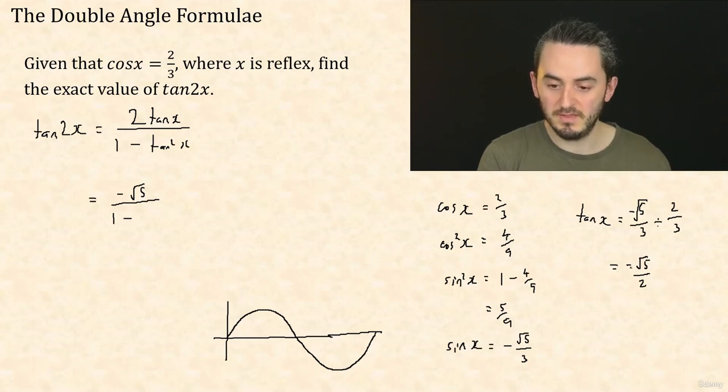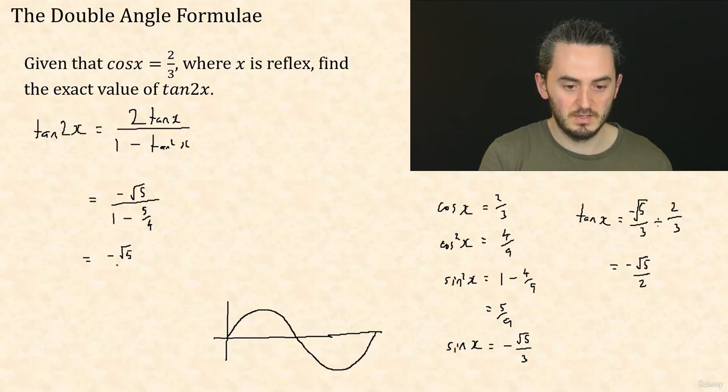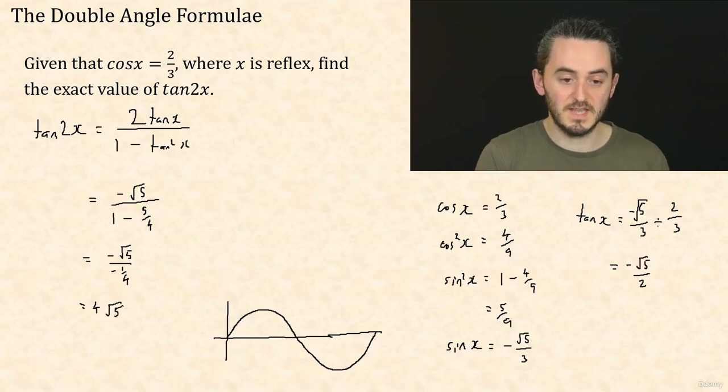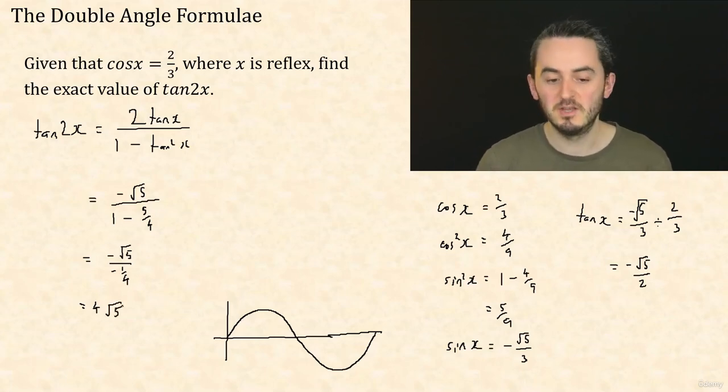And when I square this, it goes positive, and I get 5 over 4. Okay, so what's that? That is minus root 5 divided by minus a quarter, and that is 4 root 5. And there's the exact value of tan 2x when cos x equals 2/3.